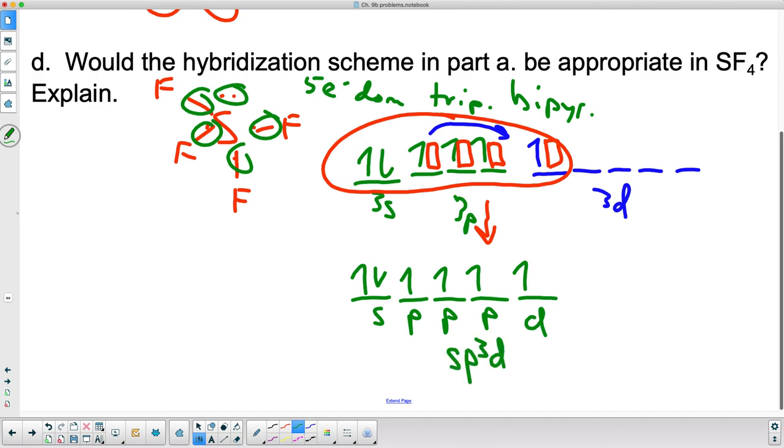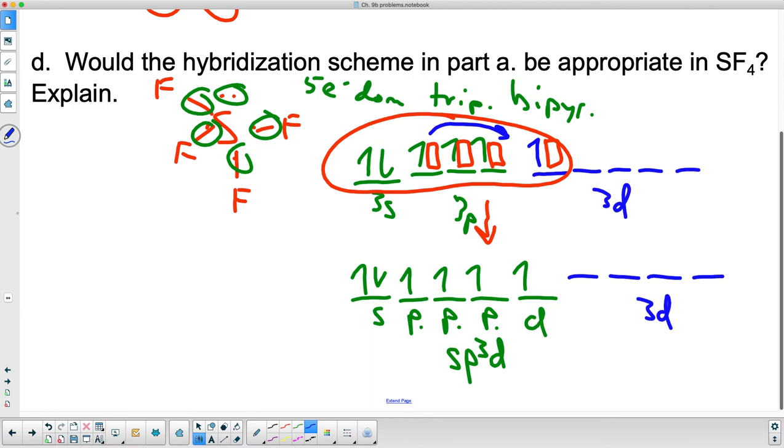This is sp3d. The 3 for the p comes from 1, 2, 3 orbitals that are p, and there's only one that's d, and there's only one that's s. And that's why the s and the d don't have numbers. And then what's left over? Well, I'll do this in a different color. Notice now the 3d has 4 orbitals instead of 5, because one of the 5 orbitals has been degenerized.